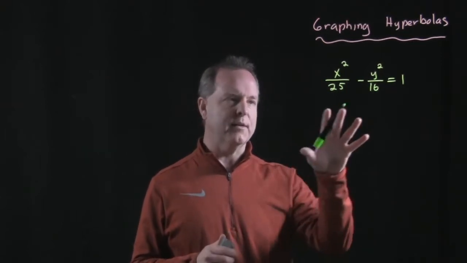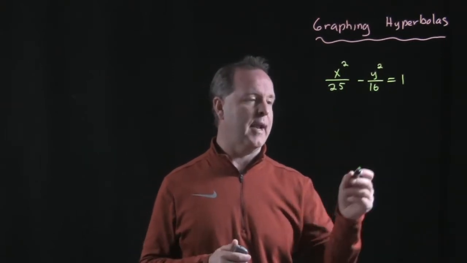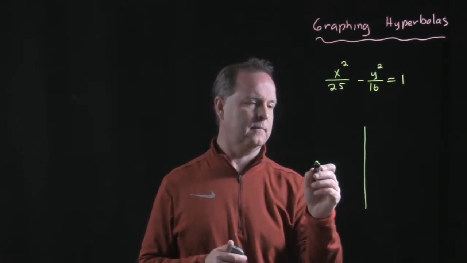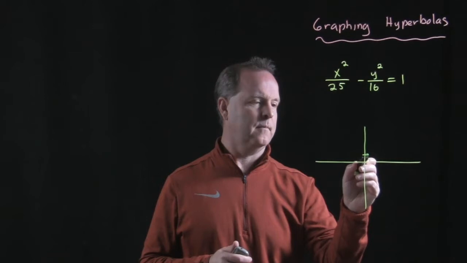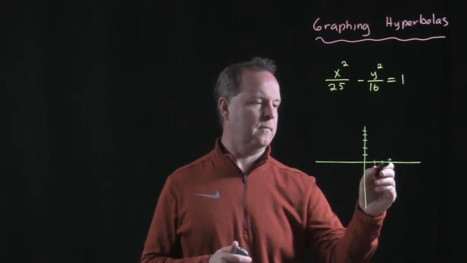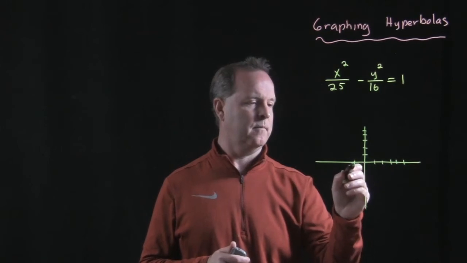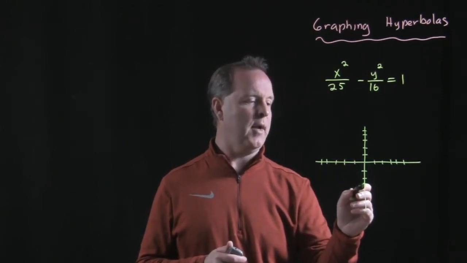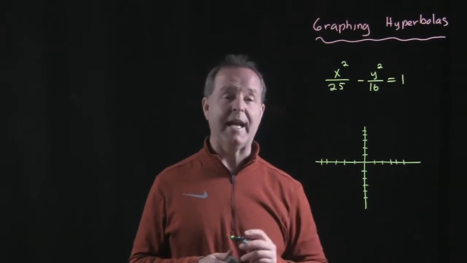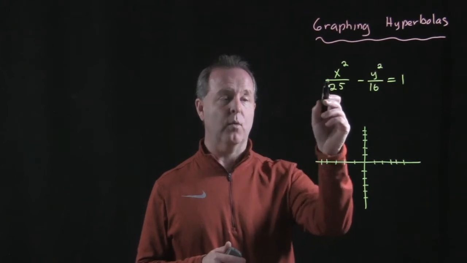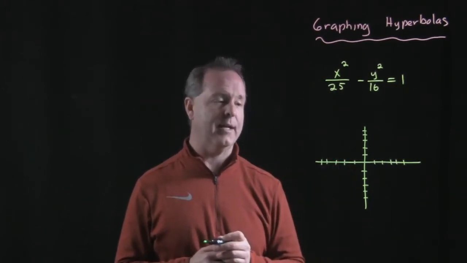So our first strategy in graphing this is to draw the coordinate axes. As I'm doing this, are you able to determine which axis is the transverse axis? We determine that by looking for where the plus sign is, which is located with the x squared.